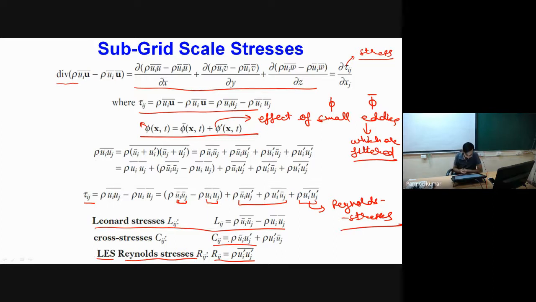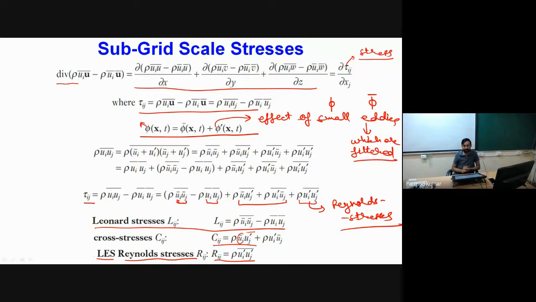You can see one term over here is a bar and another term is a dash. Dash is the contribution of small eddies and u bar is the contribution of large eddies, so it represents some cross relationship. That's why we call these cross stresses.